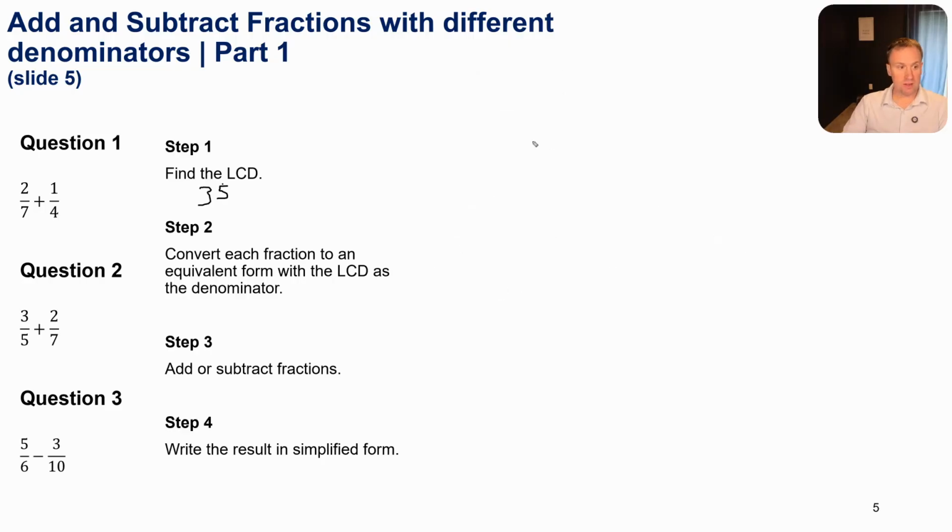So then converting the fraction to an equivalent form with the LCD as the denominator would look like this. So 3/5 and 2/7. I'm going to multiply the 3/5 by a 7 in both the denominator and in the numerator, while the 2/7 I'm going to multiply by 5 and 5 here.